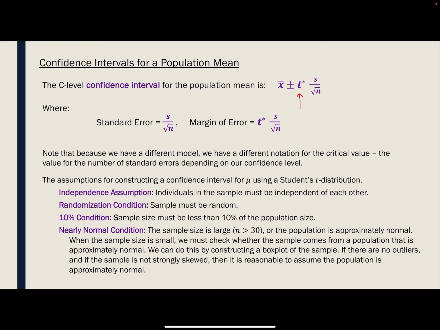So these confidence intervals will have the same assumptions and conditions as the sampling distribution for means. But the last one, we give it a name and we call it the nearly normal condition. Again, it's that idea that if the sample size is fairly large, greater than 30, then we are safe to assume that we can apply these t models.